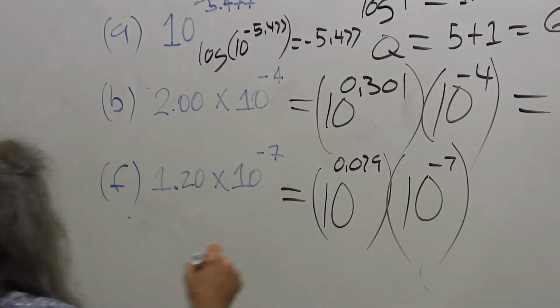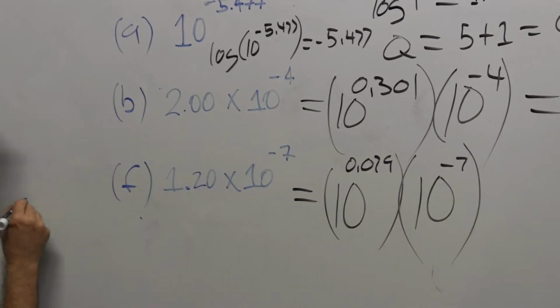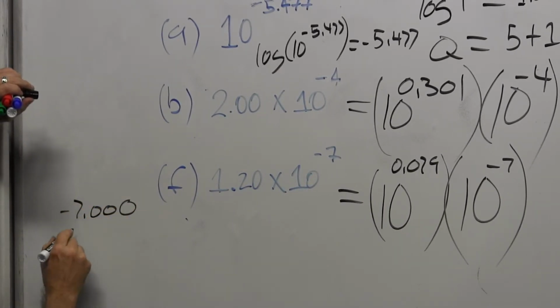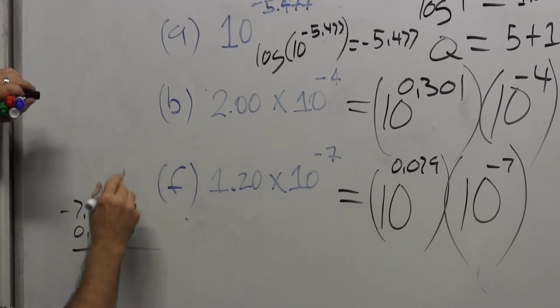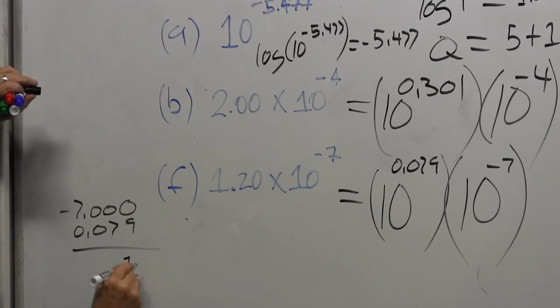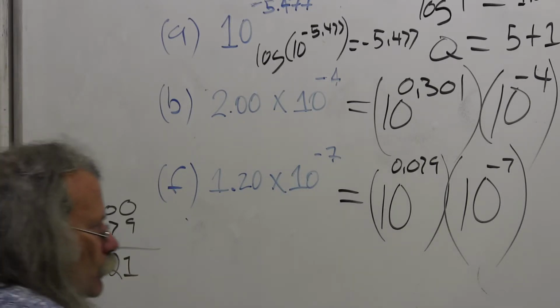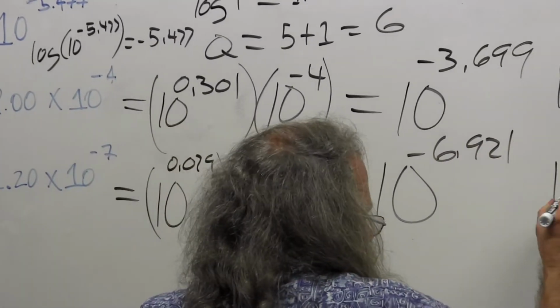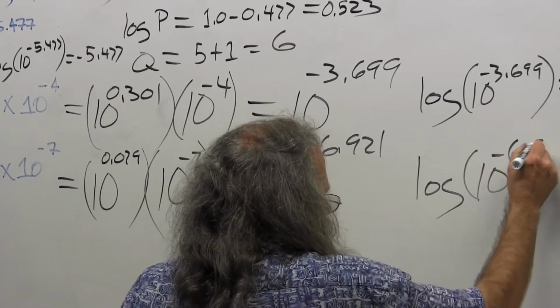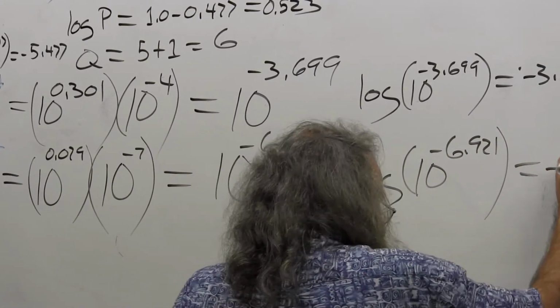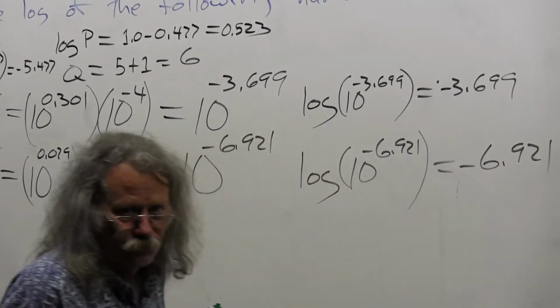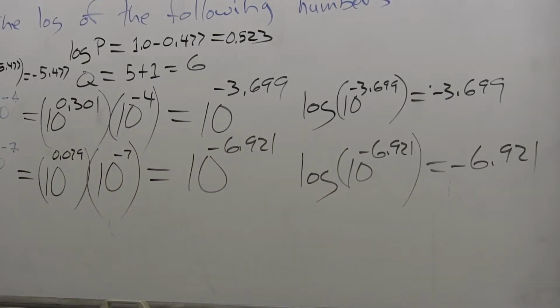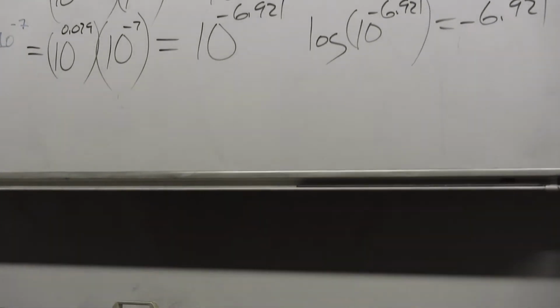And all I have to do now is add. I'm going to go over my scratch paper. Minus 7.000 plus 0.079 equals minus 6.921, equals 10 to the minus 6.921, and the log of 10 to the minus 6.921 is equal to minus 6.921. And so we're not quite done after that great digression.